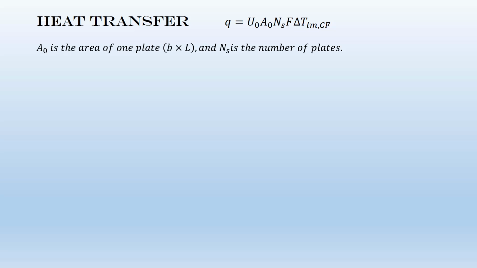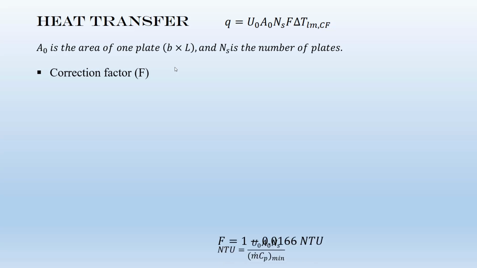And to find the correction factor, if you check the previous lecture, you have 4 figures, Figures 11S.1, 11S.2, 3, and 4 from the Bergman textbook. So there is no figure for the plate and frame heat exchanger.